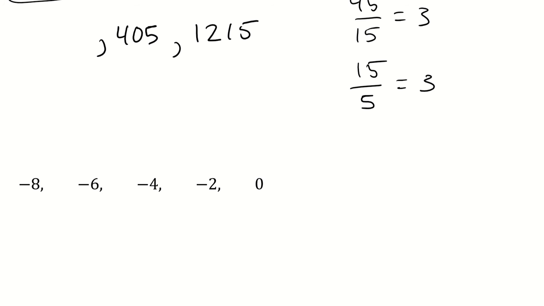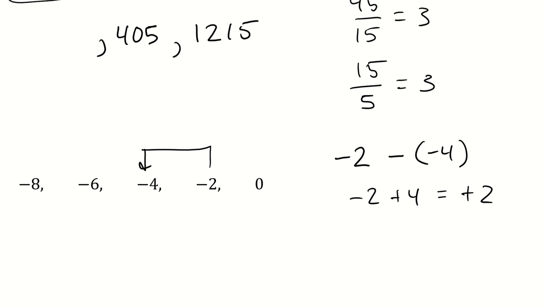If I want to figure out the common difference, I would take any term in the sequence, for example -2, and subtract the term that came before it. -2 minus -4 is the same thing as -2 plus 4, which is +2.